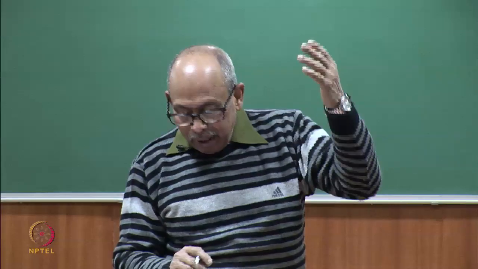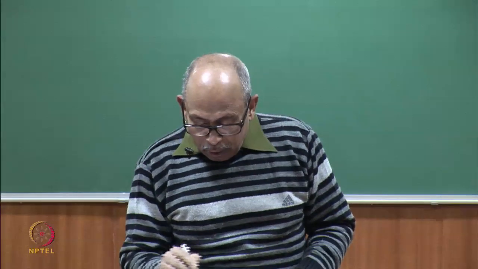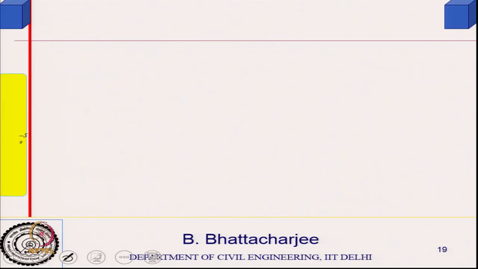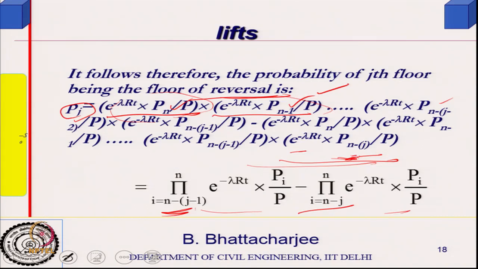You don't find anybody above, you need not find anybody below. So this is what the probability is. This multiplied by j and summed up for all n of them, then you will get the expected floor of reversal, like we did earlier.